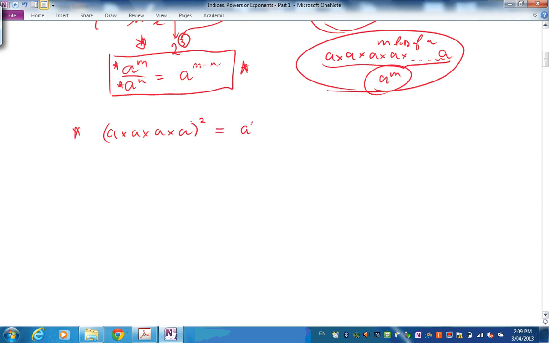Well, that's a to the 4th squared. Don't know what to do with that in Powerland. But over on this side, we could say that this is a by a by a by a. There's 4 of them in a row. Then if we square it, squaring it means multiplying it by itself.